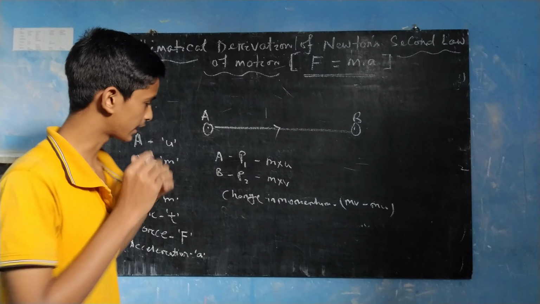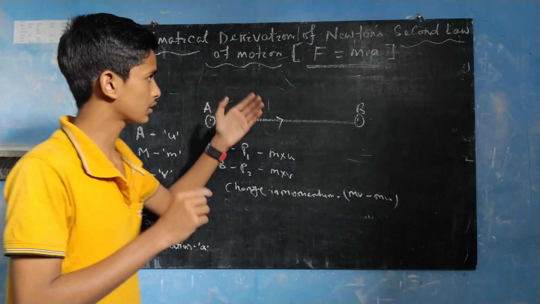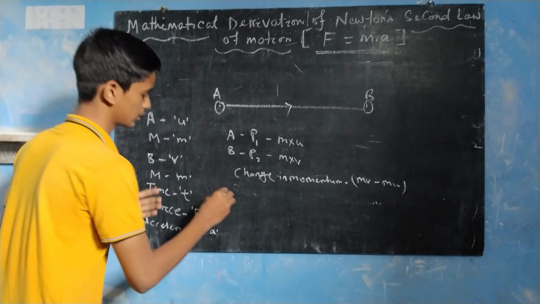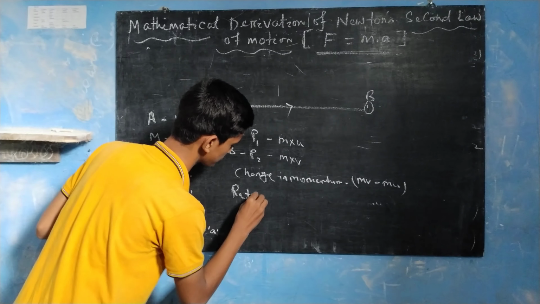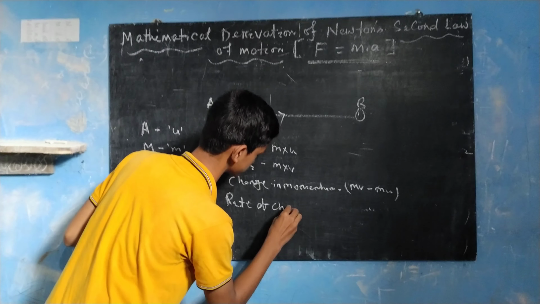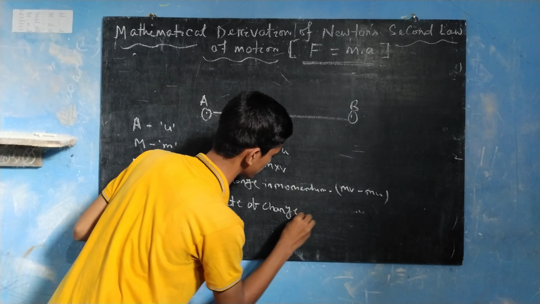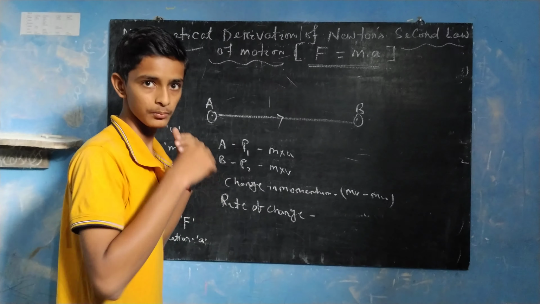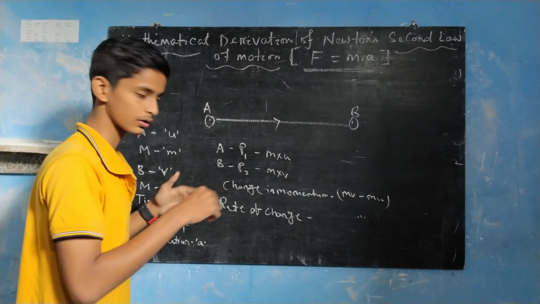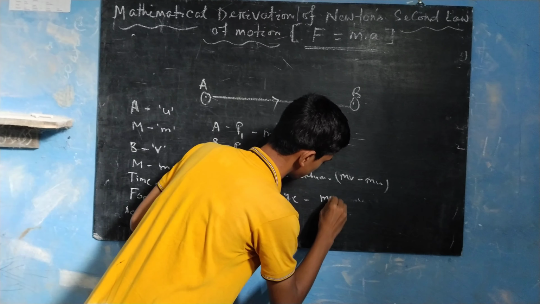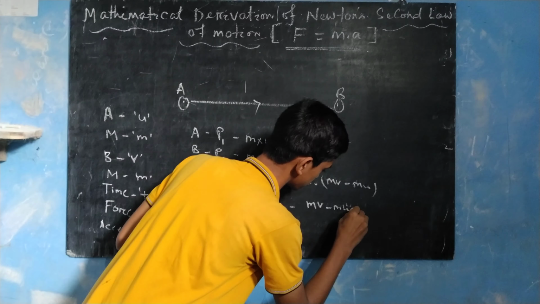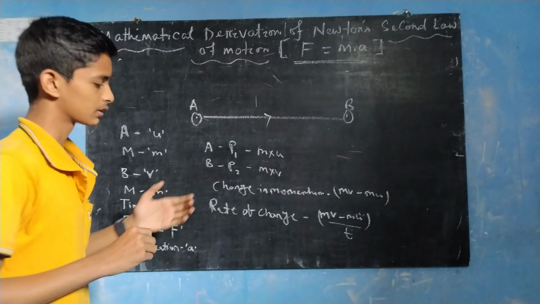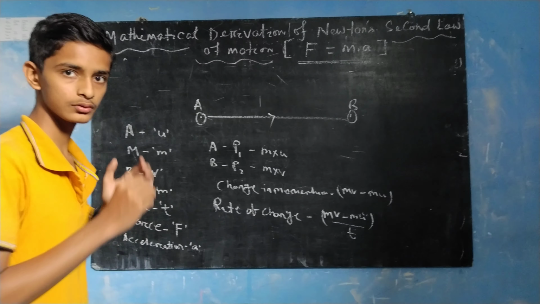Friends, we know that the rate of change of momentum is directly proportional to the applied force. So here the rate of change in momentum is otherwise called change per unit time. The rate of change of momentum per unit time, mv minus mu, for unit time, that is divided by t, is directly proportional to the applied force.